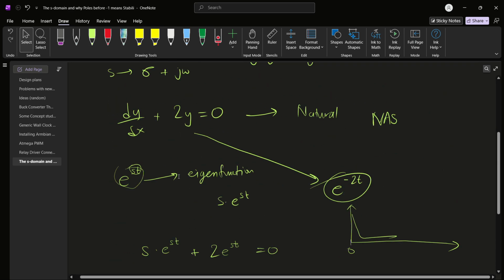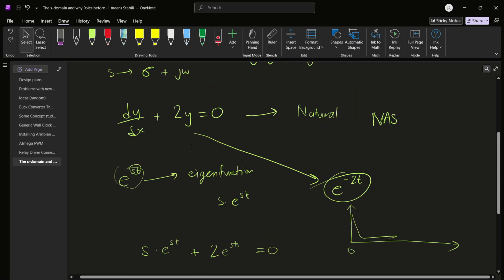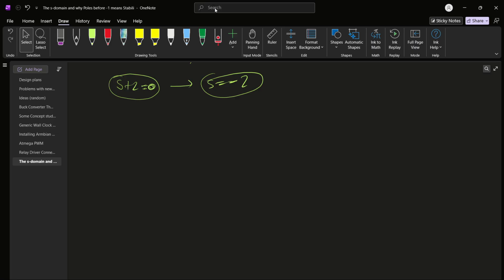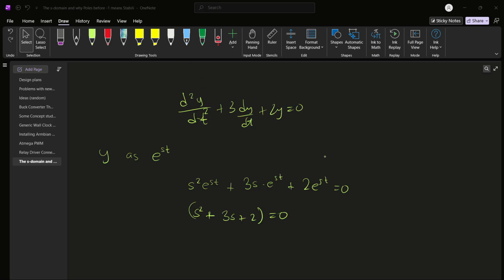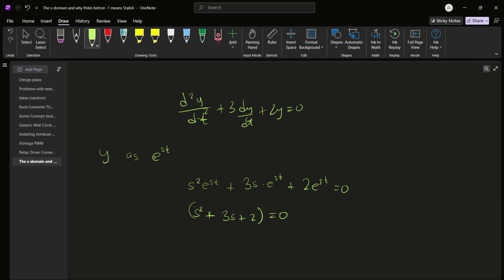And when applied to larger ones, this really simplifies solution finding. So here I've written an example as well to show how differential equations are converted to algebra. Solving this directly would take a long time, but with e raised to st, this Laplace constant, I'd say, I'm not sure if it is called a Laplace constant or not, but this literally converts your problem to algebra.